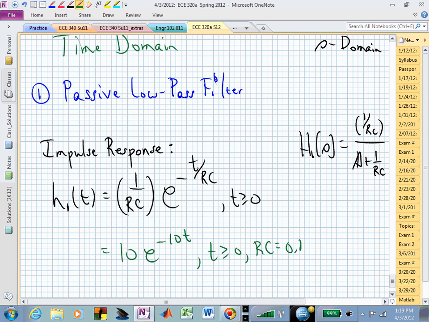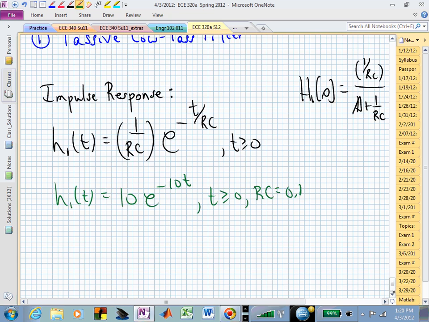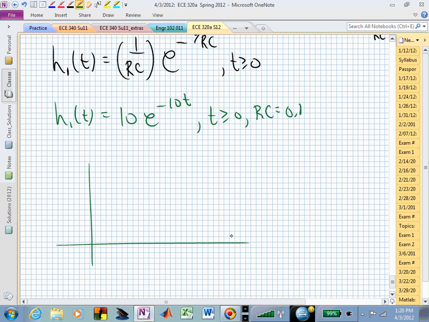And we can hopefully see that graphically. Let me make it sharper. So that this is now this 10 e to the minus 10t.